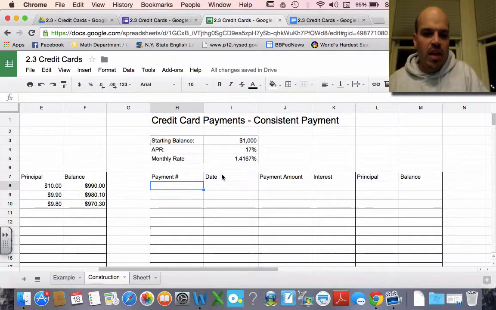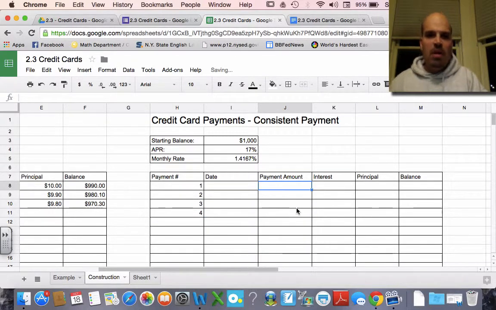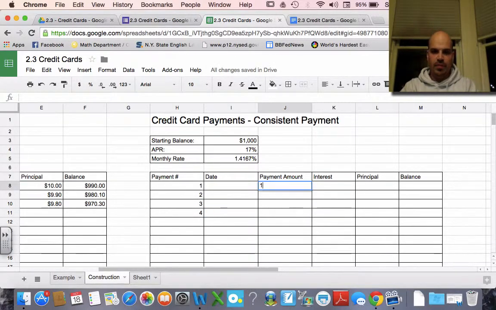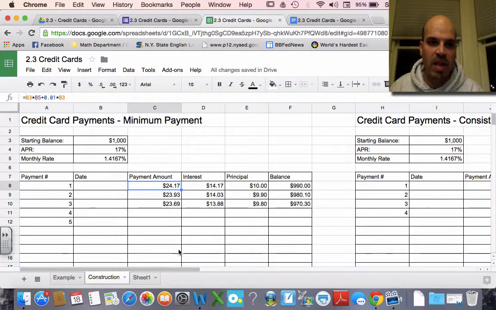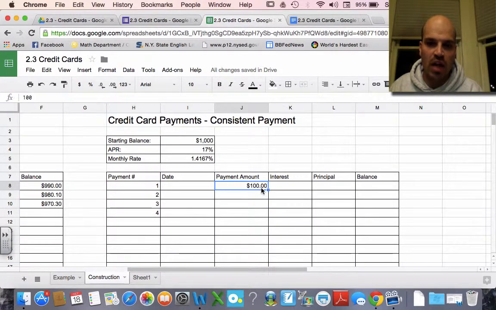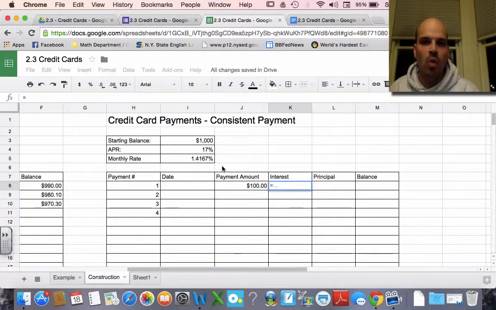And let's say my first payment amount, I want my payment now to be $100. So I have enough money in my account that I can make a payment of $100. So before we calculated the minimum payment, now we're making it $100. Interest is still the same calculation. I still owe the bank over this time period.